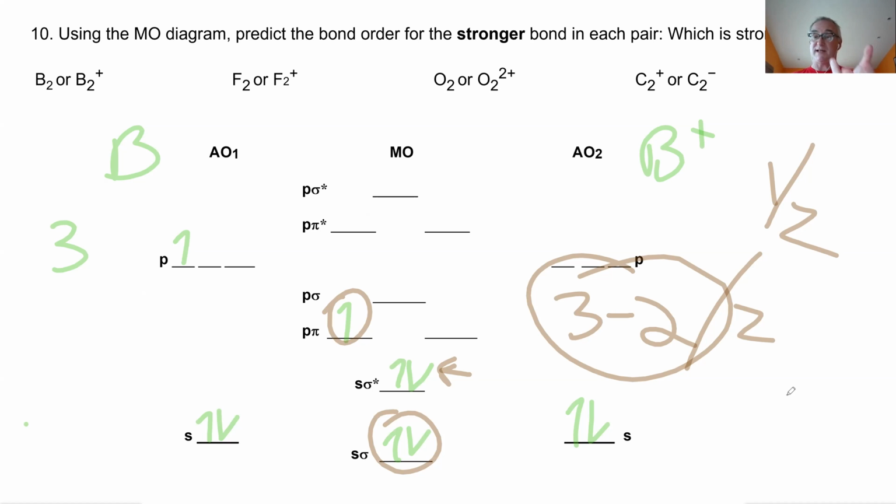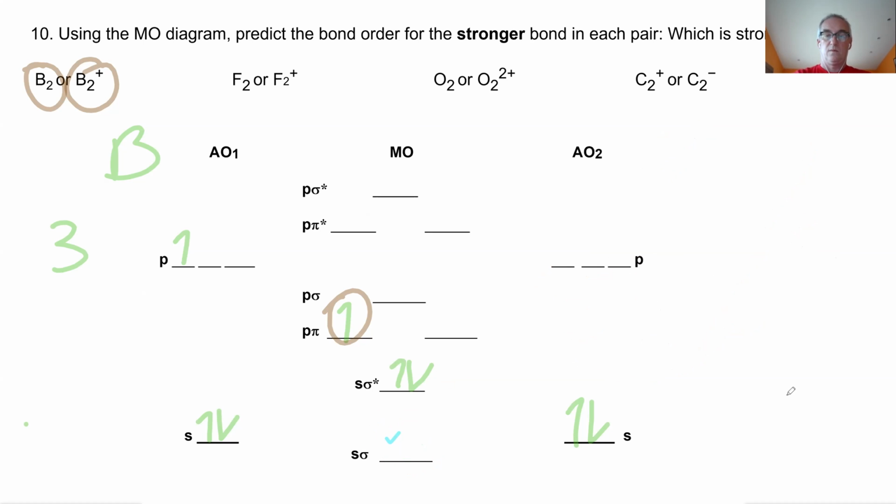Now let's switch this. So that was this molecule. Now let's look at this one. So the only difference would be instead of B plus, instead of having a boron ion, I have boron itself. So this stays the same.